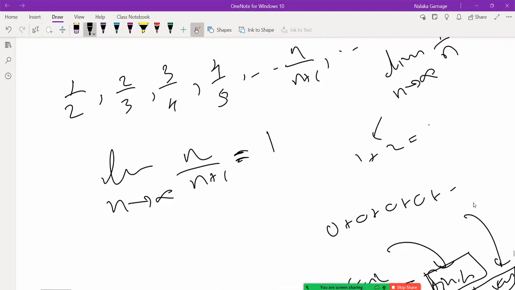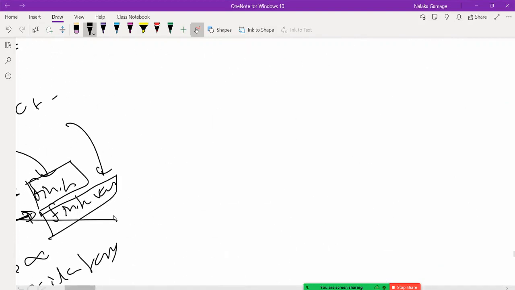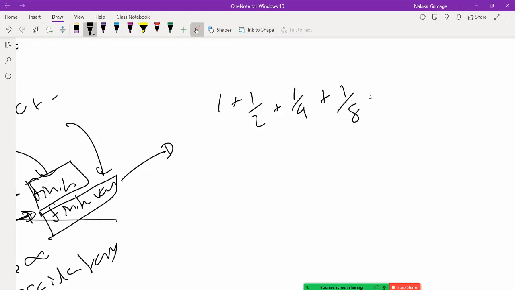If your series is a geometric series and your R is between -1 and +1, it is definitely a convergent series. For example, take 1 plus half plus 1 over 4 plus 1 over 8 plus 1 over 16 plus. This is definitely a convergent series. Of course this is a convergent sequence as well, but at the same time it is a convergent series, because it is a geometric series.